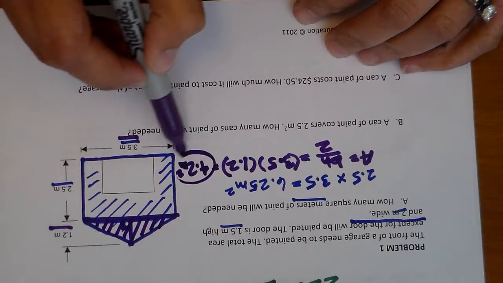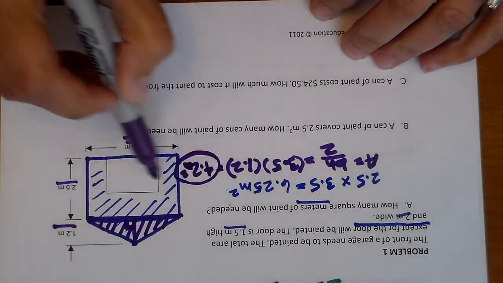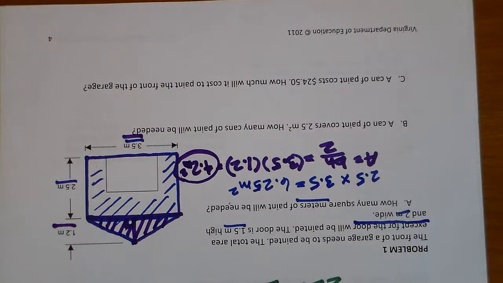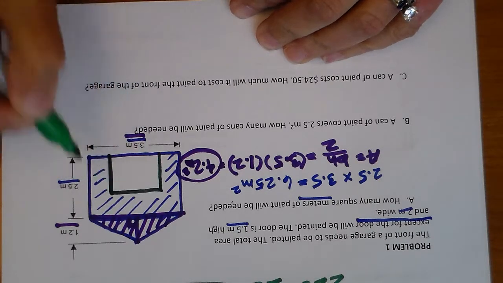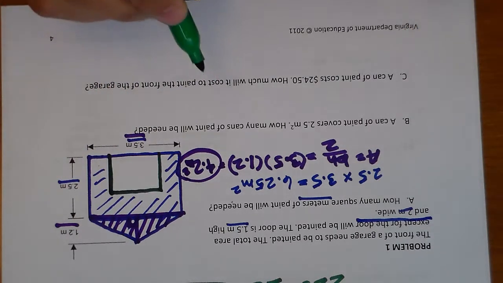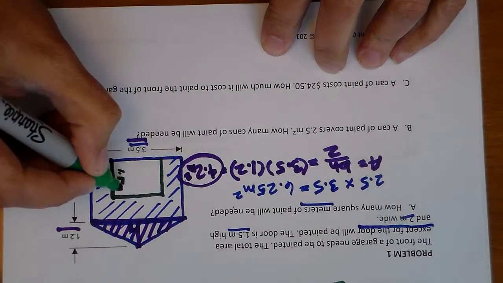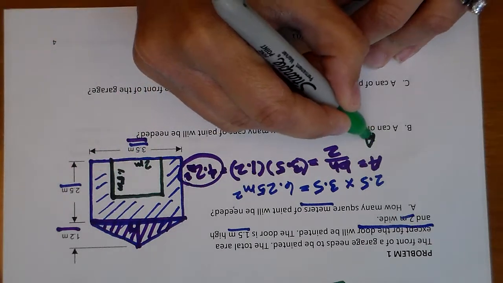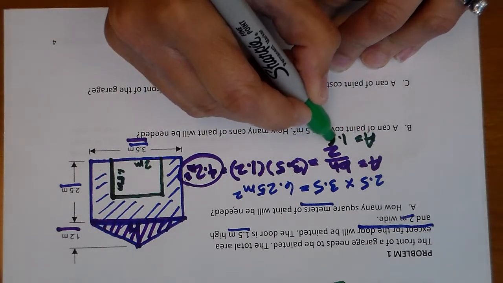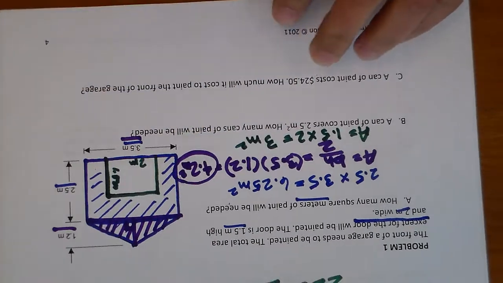So this is the area we will for sure have to paint, and then we're going to paint the blue, except we don't want to paint the white. So what I'm going to do is subtract the area of this off of the total. It tells you the door is 1.5 meters high and 2 meters wide. So the area of the door is 1.5 times 2, which is 3 square meters.